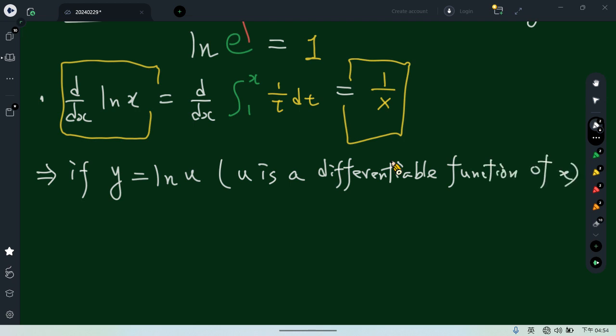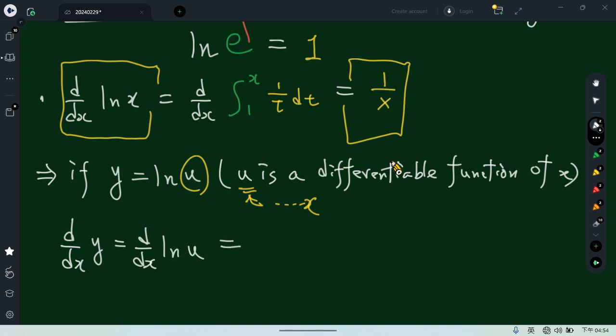That means sometimes in the next semester we use u as something like cosine x, s squared plus 1 over x, or sine x plus cotangent x. So anyway, u is some function of x, right? So when we differentiate it, what is the result?